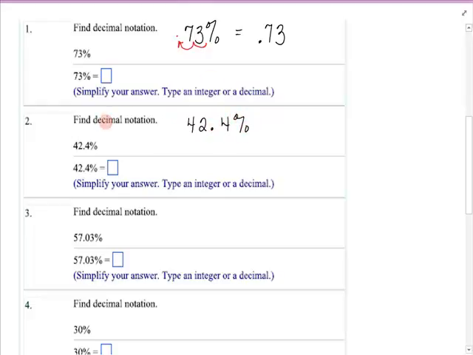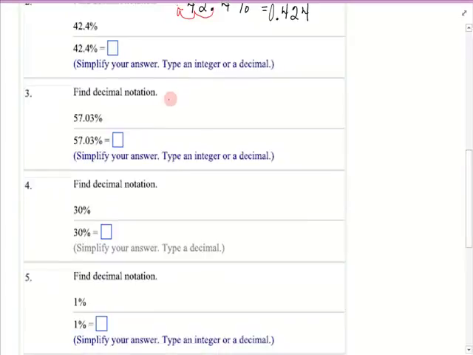To change it to a decimal, we go 2 places to the left, drop the decimal point there. That will give us 0.424. Now, sometimes I neglect to write the 0 in front of that most math books really like. It is a safety number. It is just an alert. Here comes a decimal point.